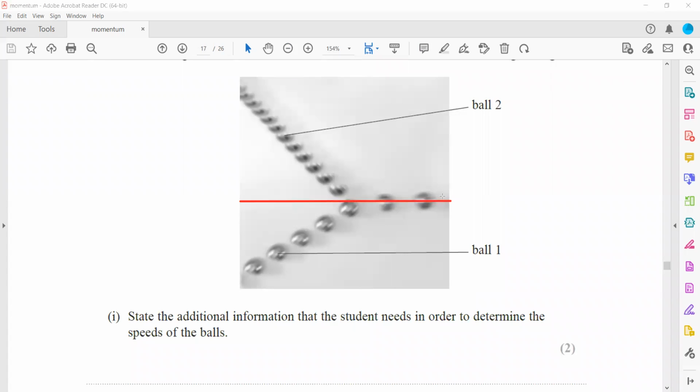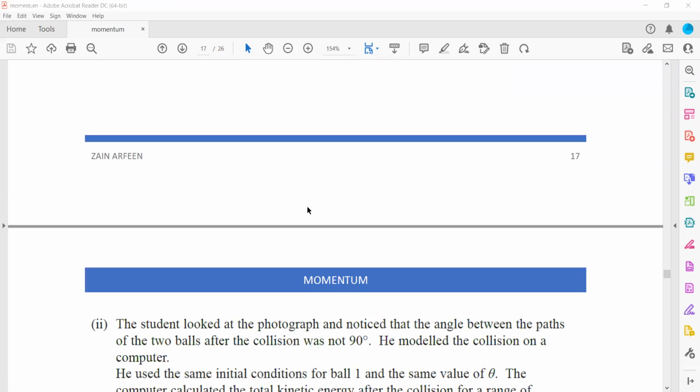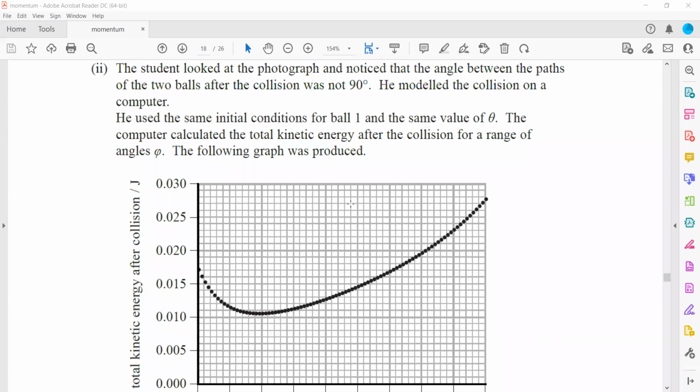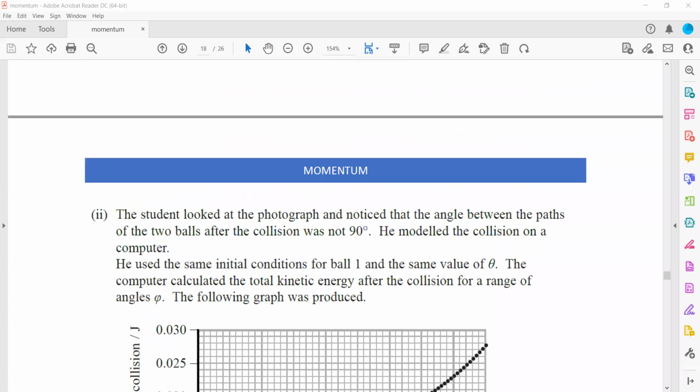And we have to measure this phi. So this angle will be phi. And the sum of phi and theta should be 90. So if we measure from the figure, say phi is coming out 50, for example.